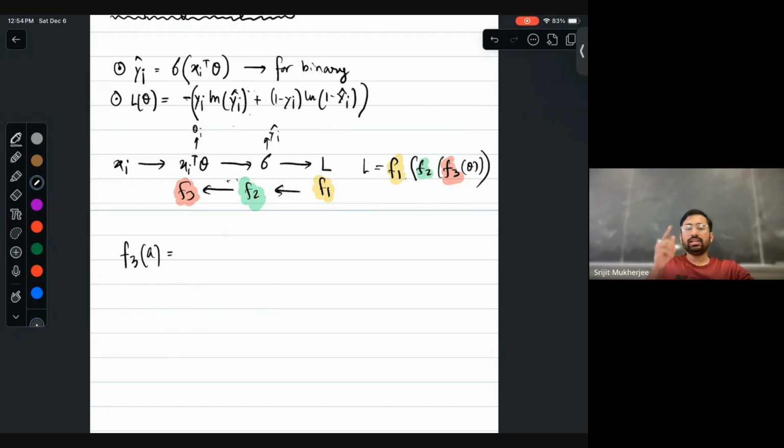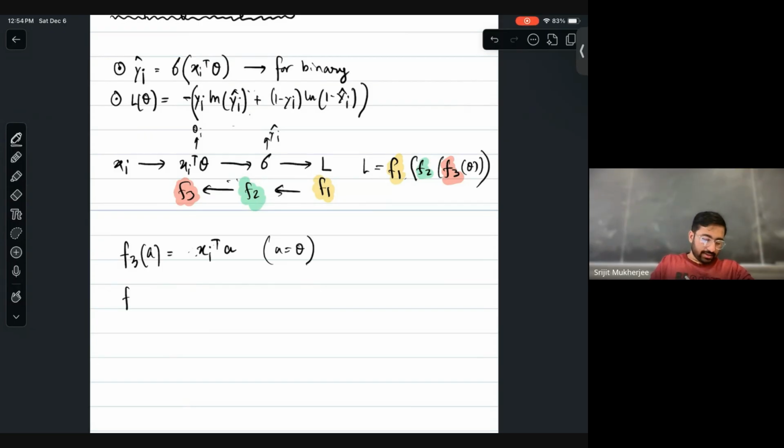F3 of a is nothing but xi transpose a, where a is actually theta. You have to be very careful here.